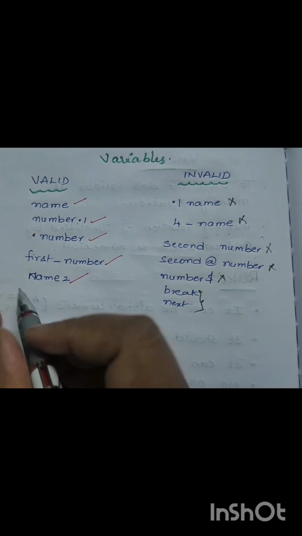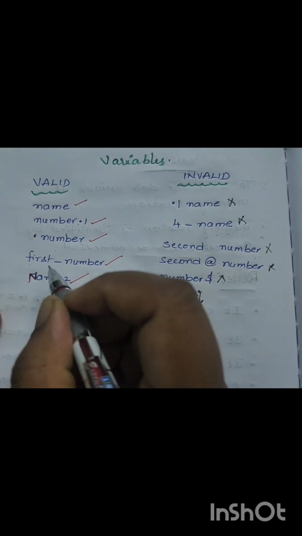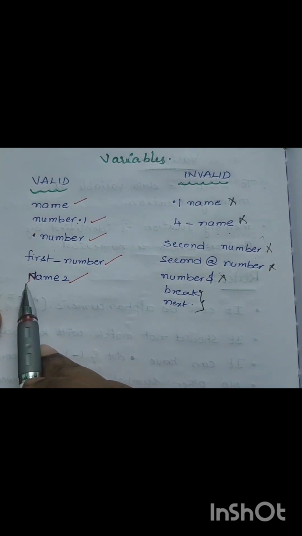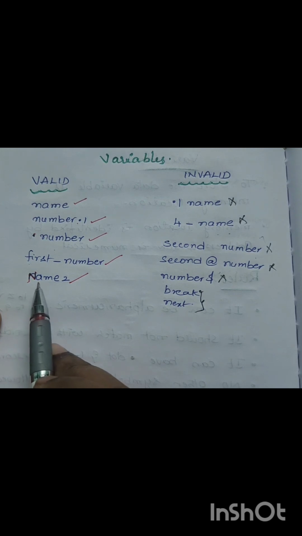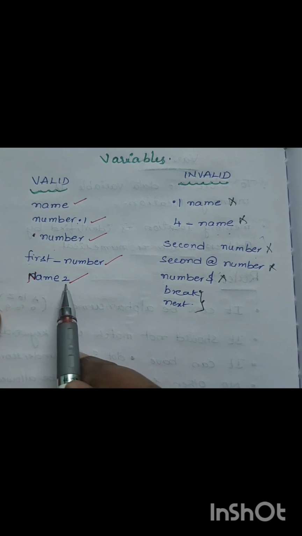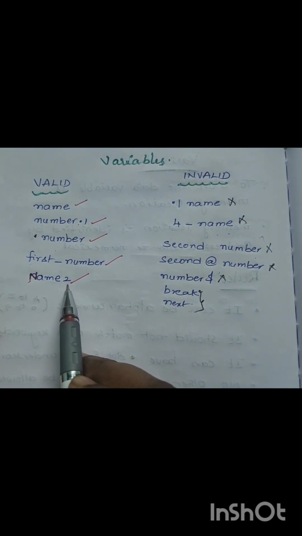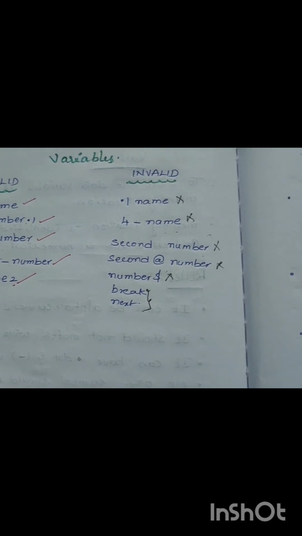And this is Name2, which is case sensitive. The first letter is an uppercase alphabet, the remaining are lowercase, followed by a digit, so it is a valid variable.